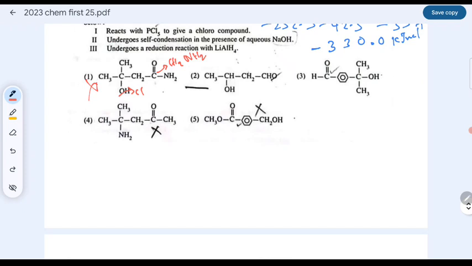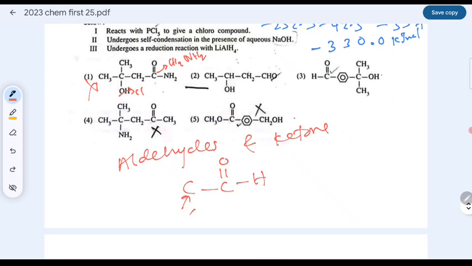Self-condensation reactions are given with aldehydes and ketones. But aldehydes and ketones being present is not enough. This aldehyde and ketone should have an alpha carbon, and this alpha carbon should have an alpha hydrogen in order to give a condensation reaction. Even in ketones, right?